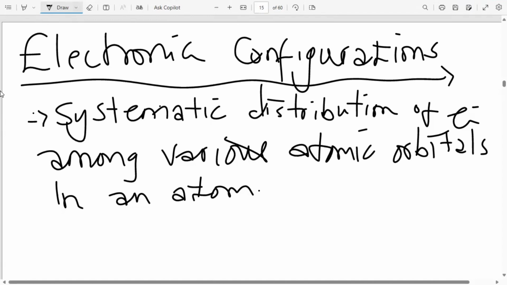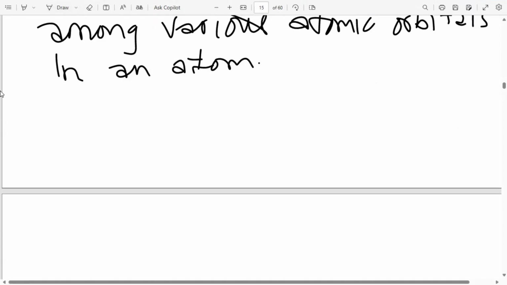One of those rules that govern the distribution of electrons in the orbitals is what we call the Aufbau principle.